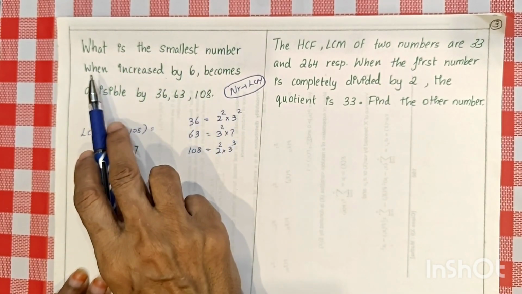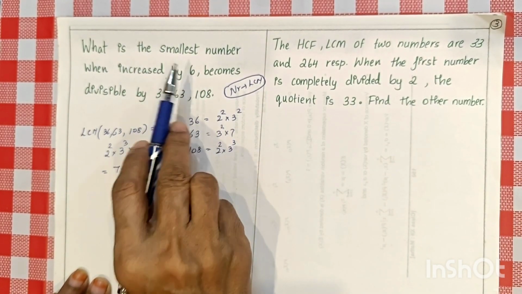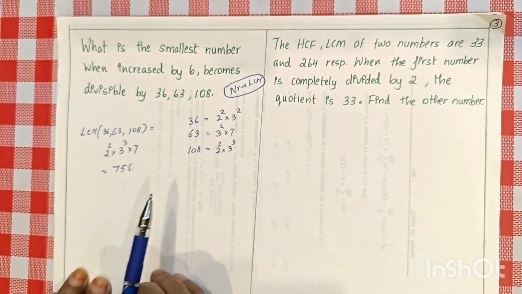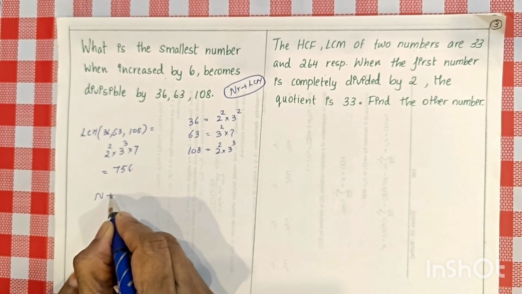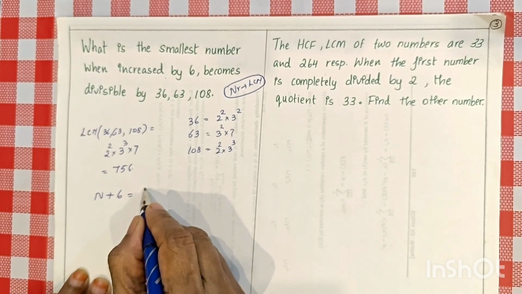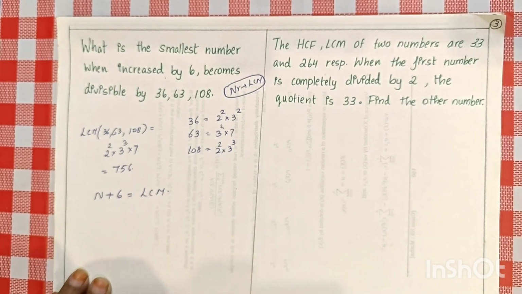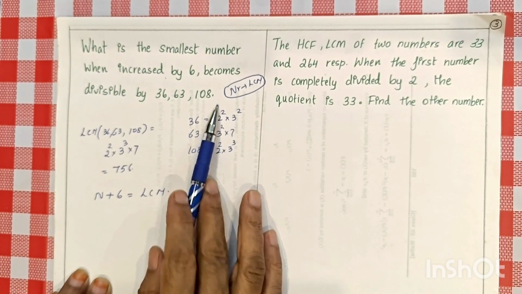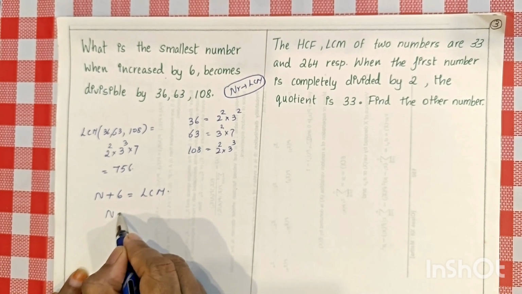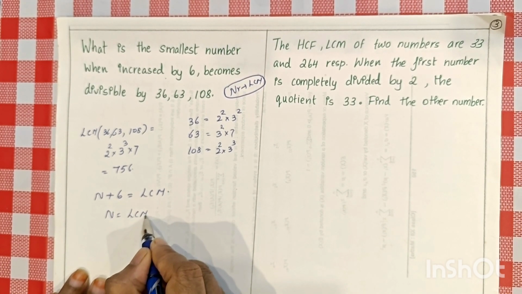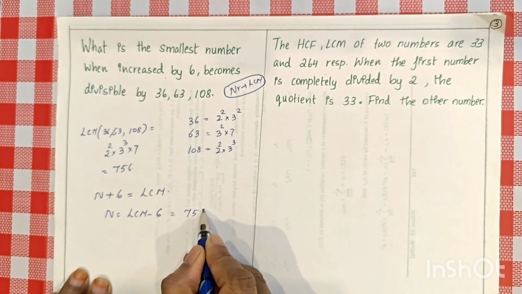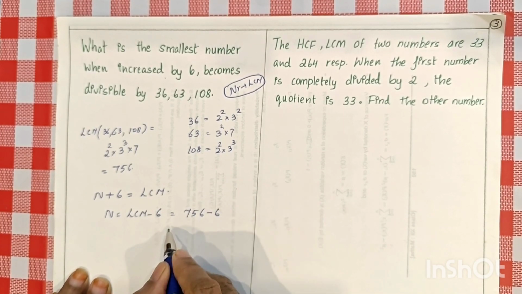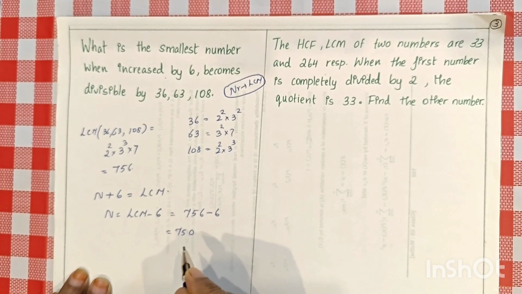What is the smallest number which when increased by 6 is divisible by these? So number plus 6 is divisible, means that is the LCM. So number is equal to LCM minus 6. We have done a similar sum earlier also. So 756 minus 6, 750 is the required answer.